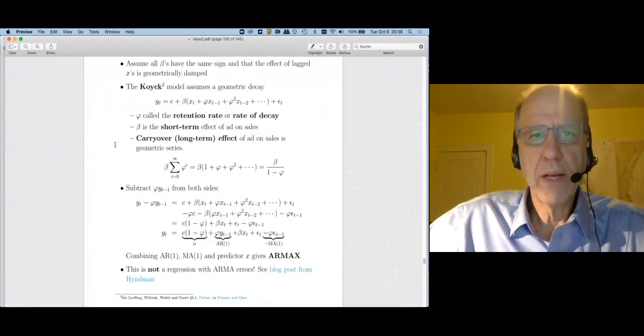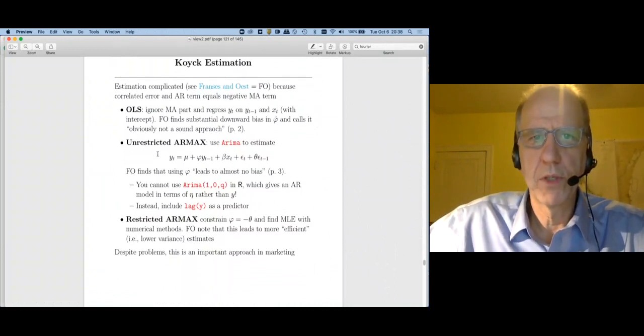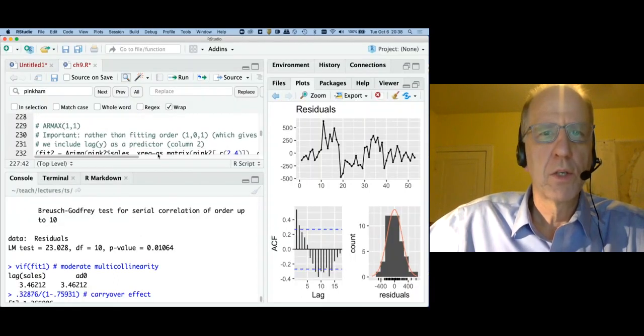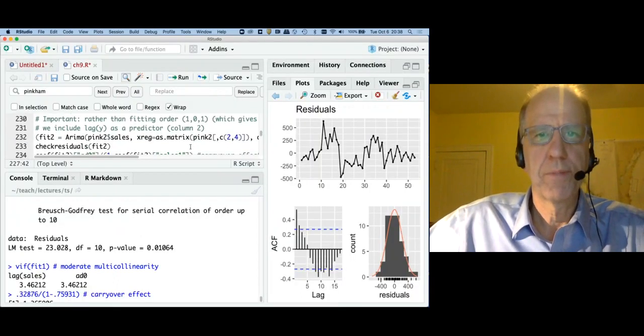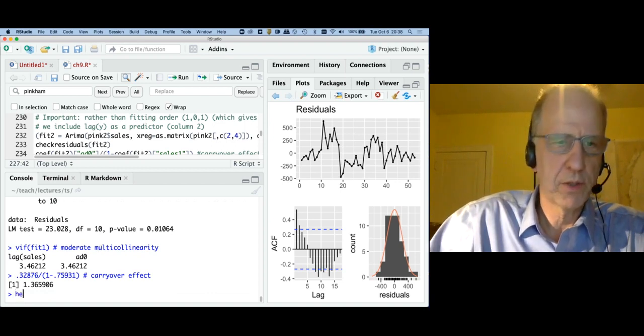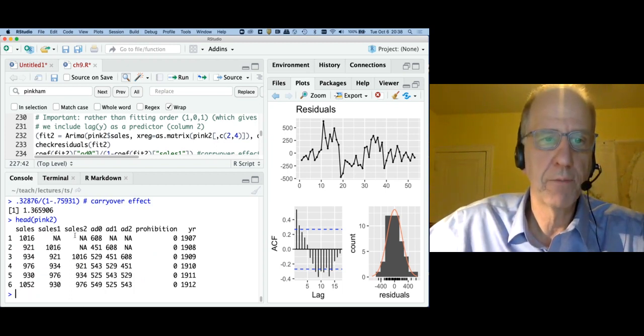Well, what I'd now like to do is try estimating this a different way, which is this unrestricted ARMAX model. So the way I'm going to do this is to include columns 2 and 4 from my data set. Let's just go look what's in pink 2. You're going to see column 2 is lag sales, and column 4 is my advertising this period.